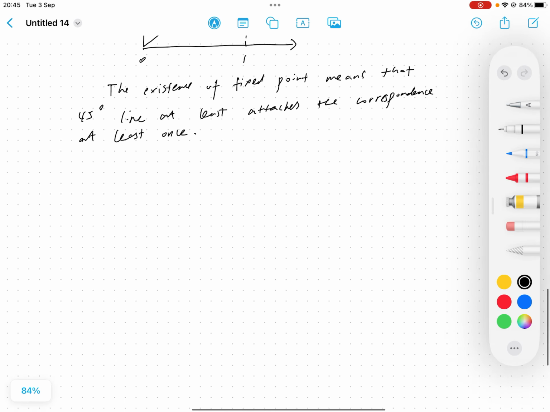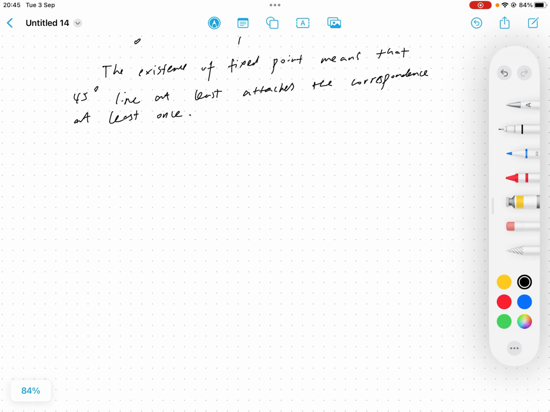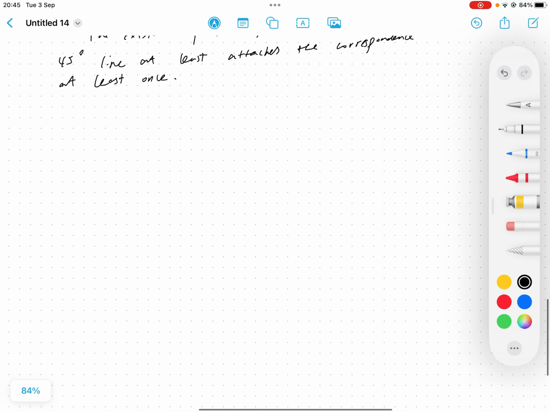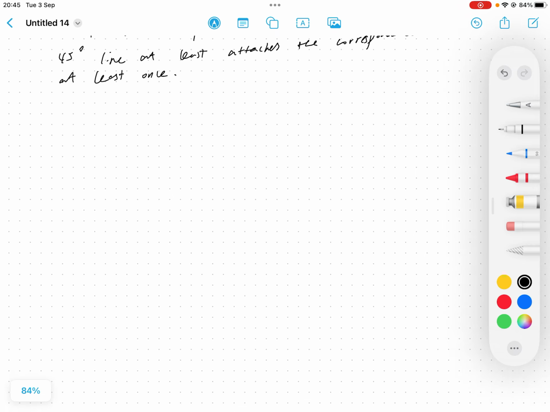So now let's violate some conditions and see how the results change. If the conditions are violated, then those fixed points may not exist at least once.